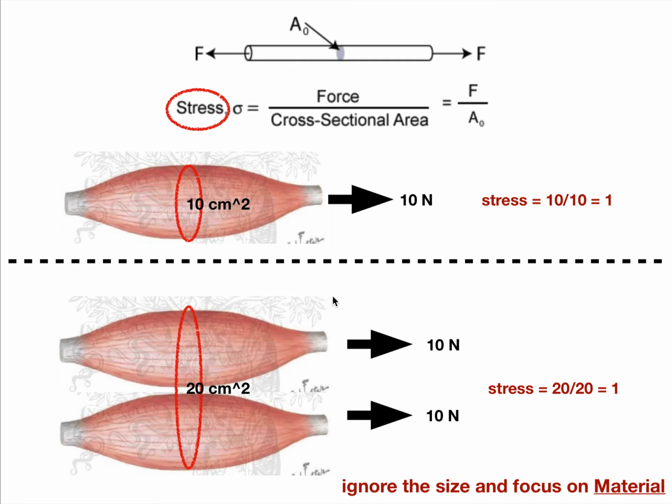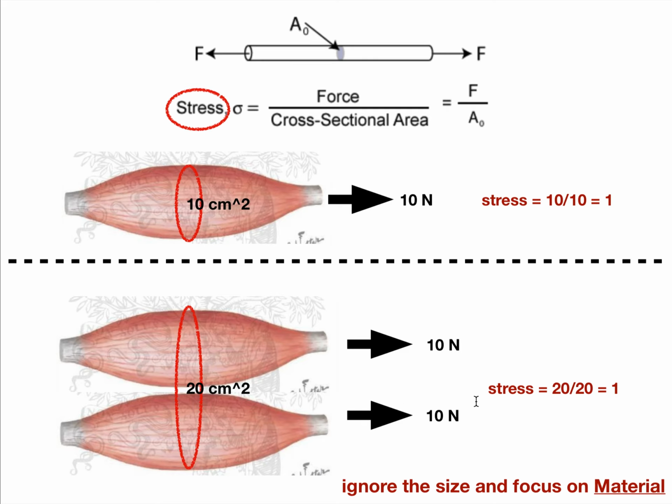And say, in this case, we put two muscles together in parallel, or we can consider it as a bigger muscle. And this muscle can afford 10 newtons for each fiber, so it can totally afford 20 newtons. And the cross-sectional area is double, so it's now 20 centimeters square. How do we calculate stress in this case?